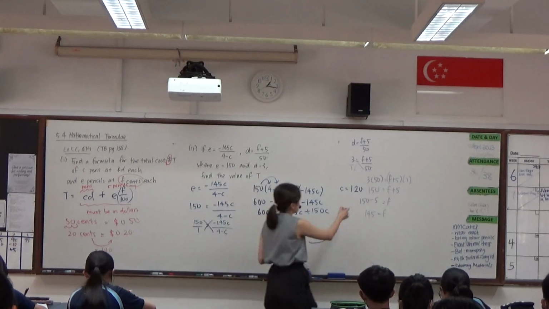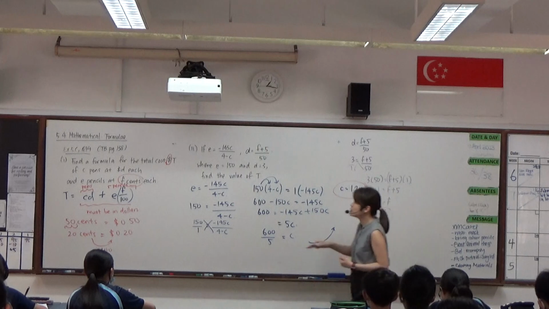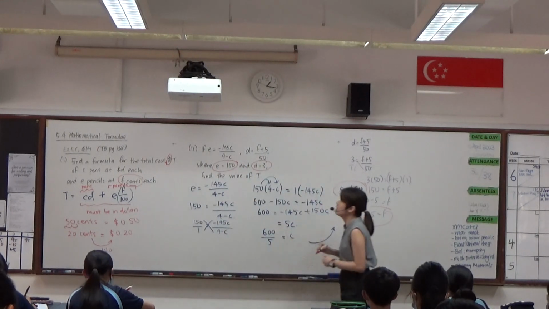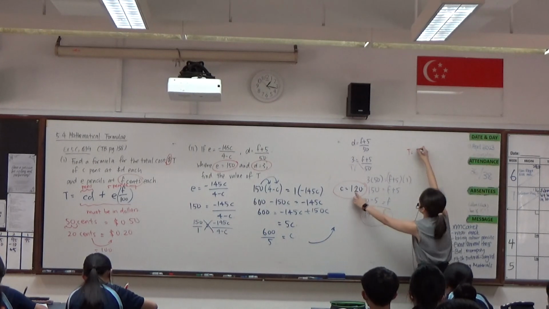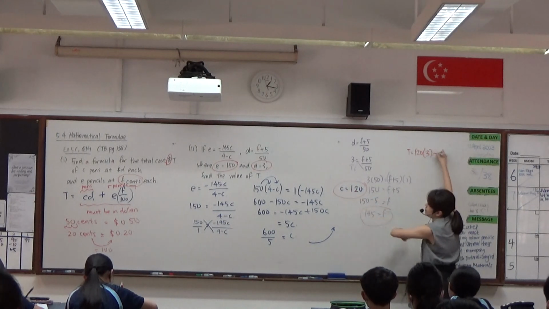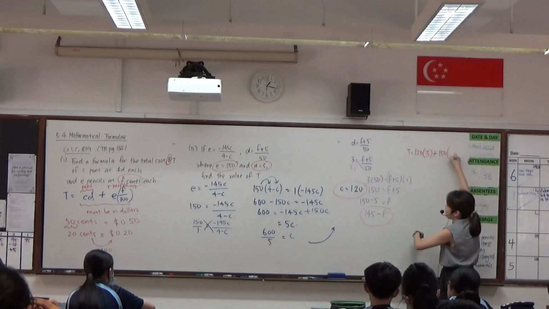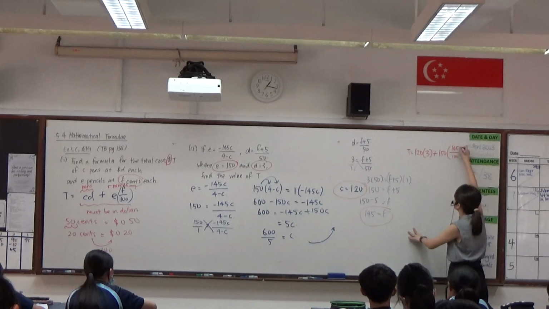Now that I have the value of C and I have the value of F, I also have the value of E and D. I can now find out what is T, whereby C is 120, D is 3, plus E, which is 150, and F is 145 over 100.